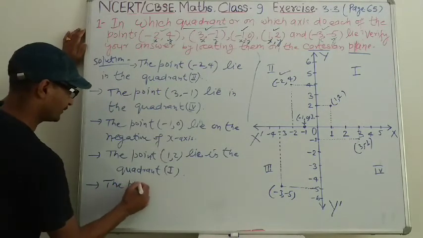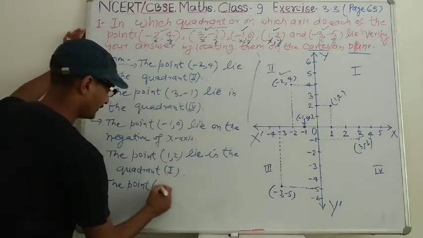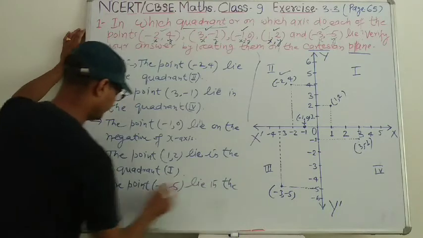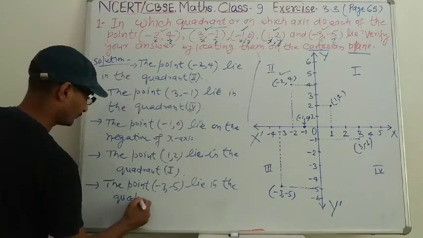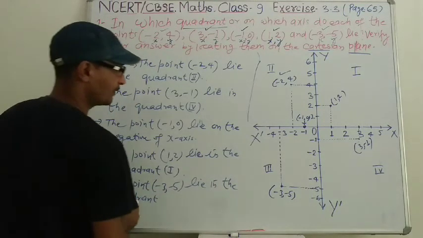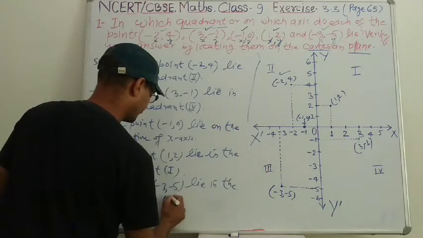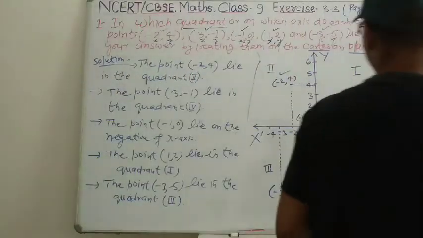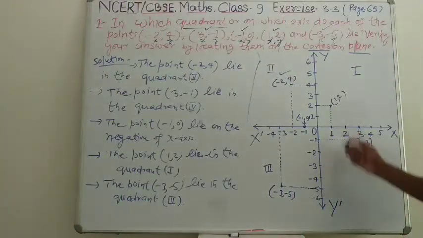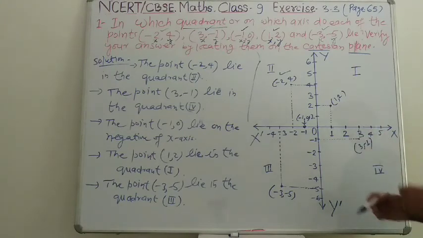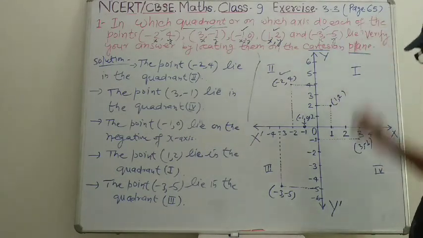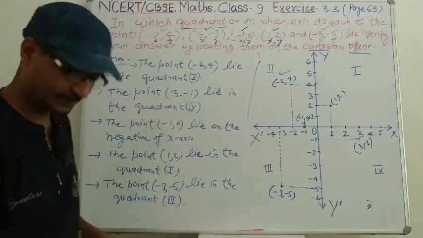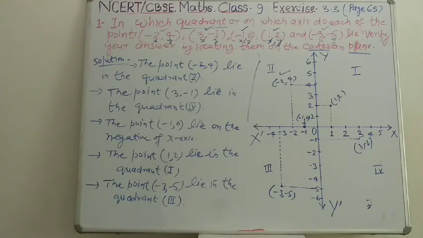So the point minus 3, minus 5 lies in quadrant 3. So this type of question you can plot very easily in the Cartesian plane. So that was the solution of question number 1 from exercise 3.3. And question number 2 is for you. You can do it yourself by the same method.